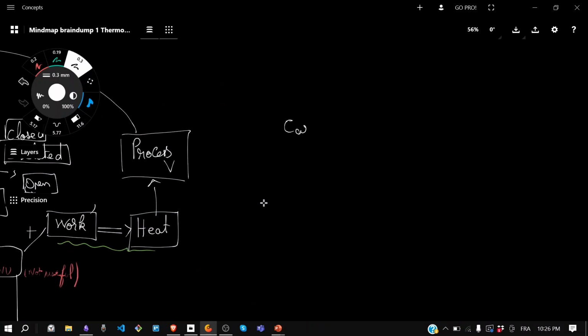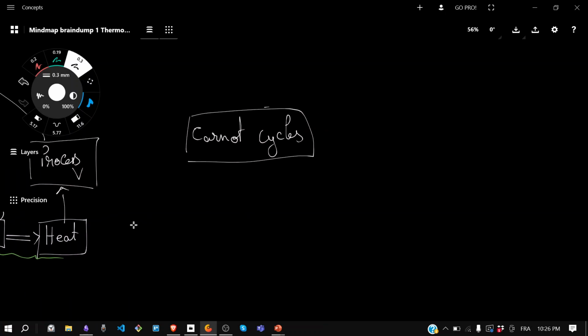Carnot, basically this is Carnot en français. Carnot cycles. And what we're saying here is, and honestly I'm pretty shaky on why we're looking at pressure, probably because we're looking at this in an ideal gas, obviously.